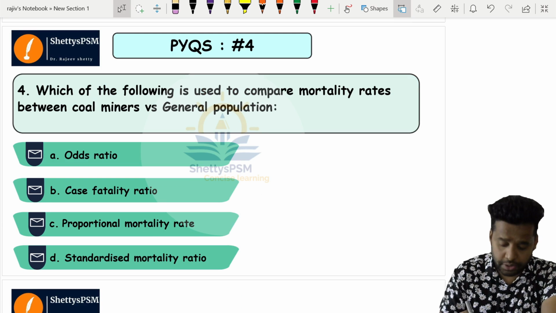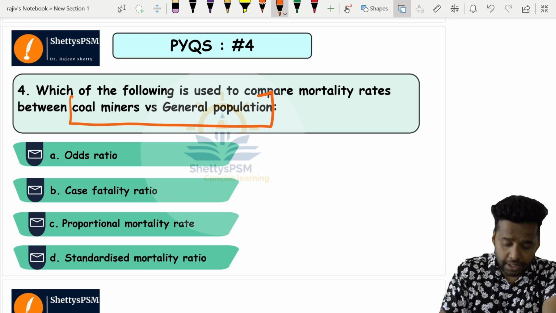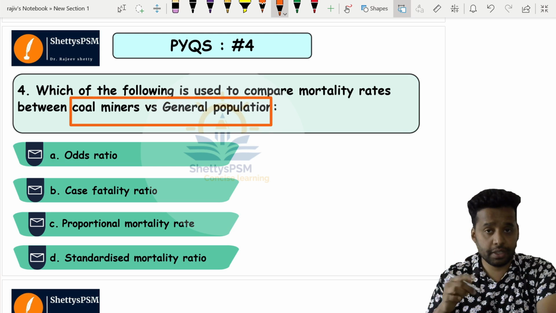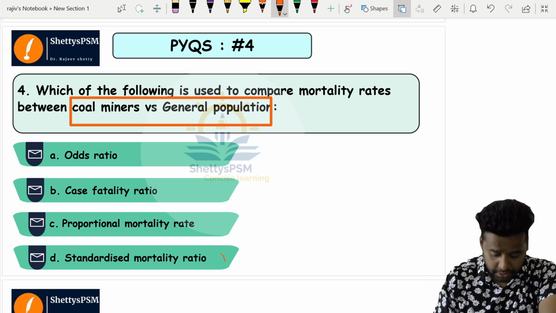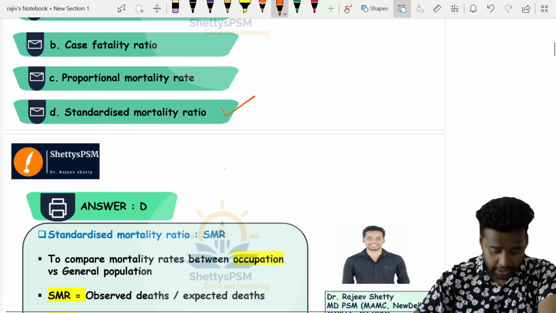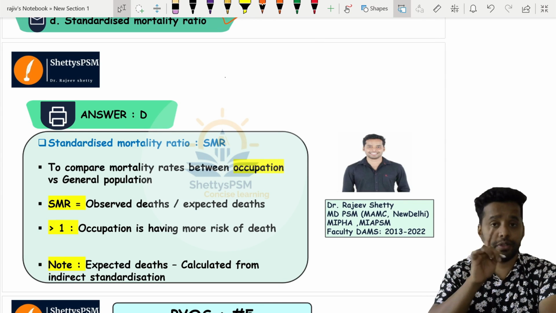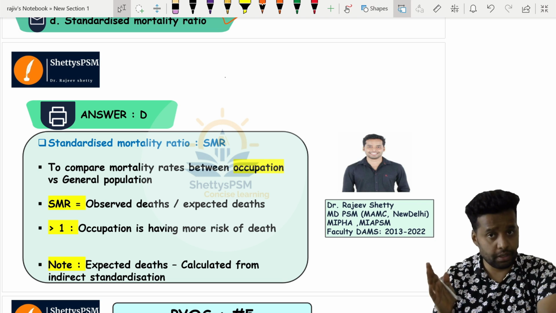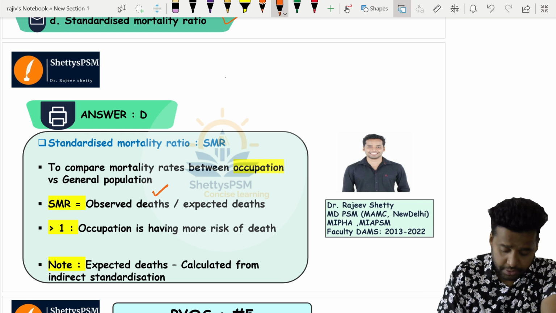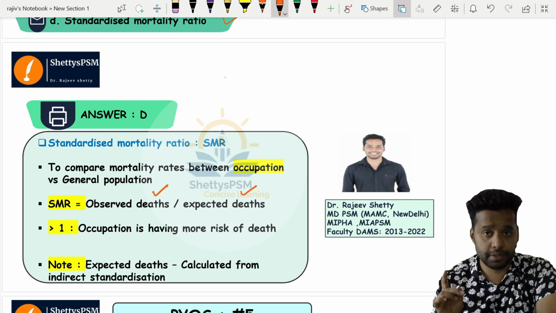Which of the following is used to compare mortality rates between coal workers and general population? Occupation versus general population. Answer is standardized mortality ratio. It is always used to compare which occupation is having more risk compared to the general population. Formula: observed deaths by expected deaths.